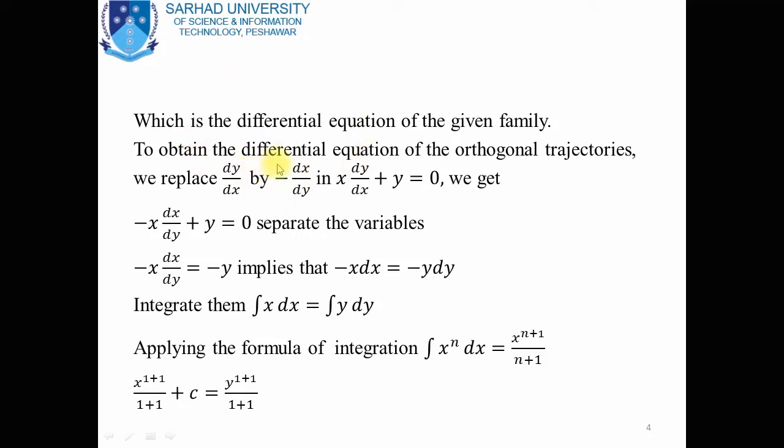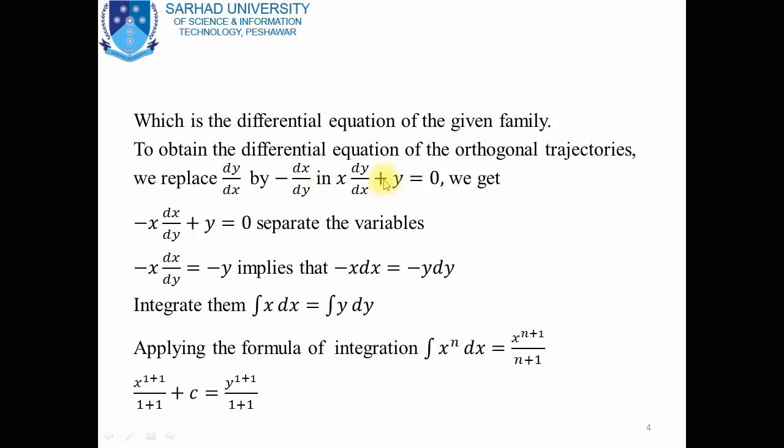And in this problem we find an orthogonal trajectory for a given family of curves. So replace dy by dx with minus dx by dy.